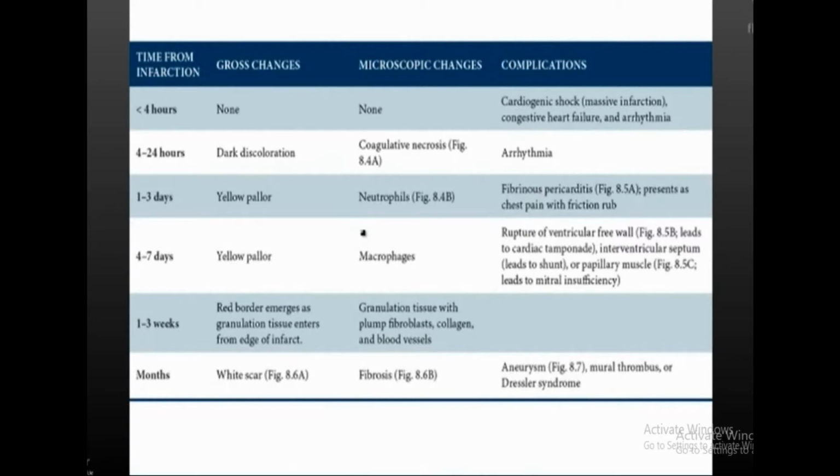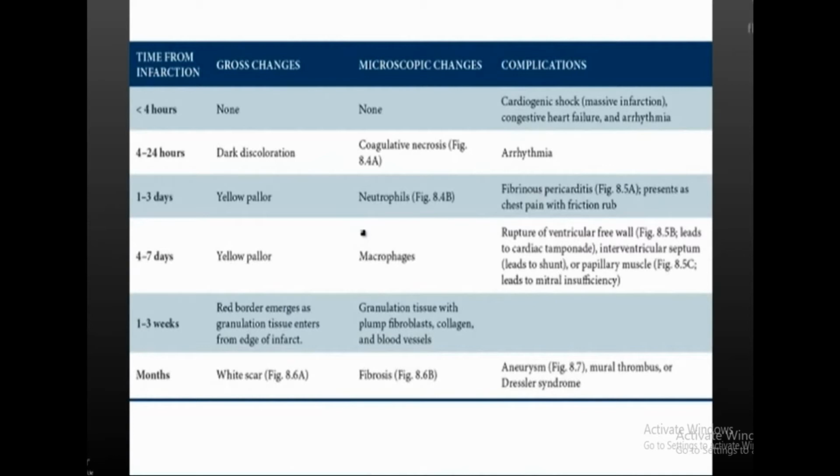In 1 to 3 days, neutrophils come into play. There is an acute inflammation, that is pericarditis. If there is transmural inflammation, fibrinous pericarditis will occur.